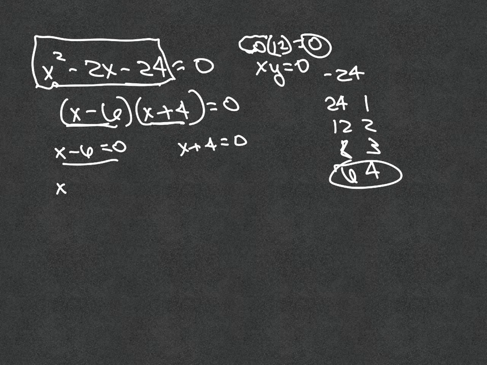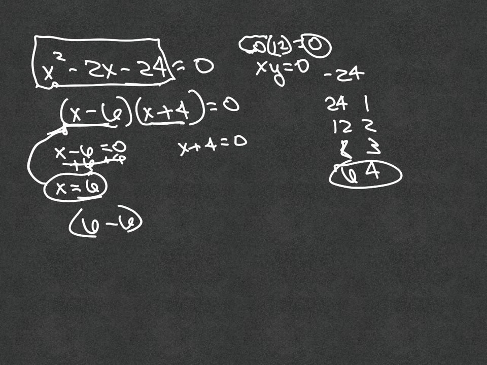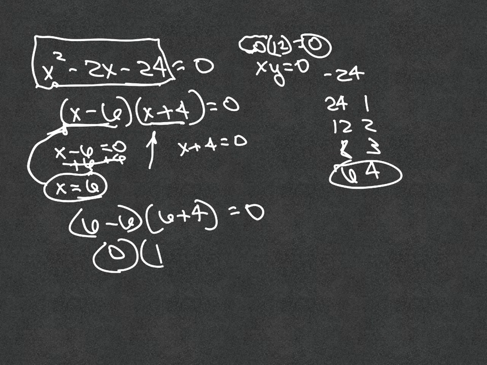We add 6 to both sides. x has to equal 6, so that when I put it in here, we get 6 minus 6 is 0. And when we put it in here, we get 6 plus 4. And so now we have 0 times 10 equals 0.